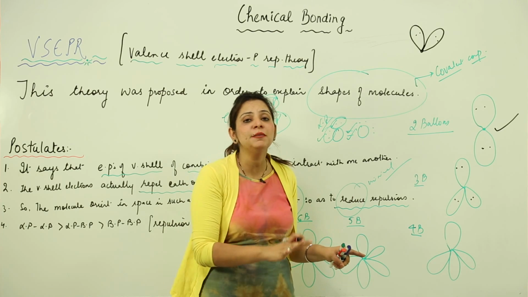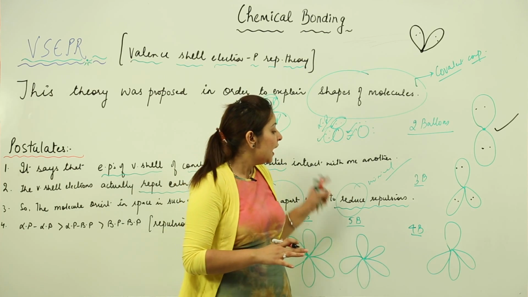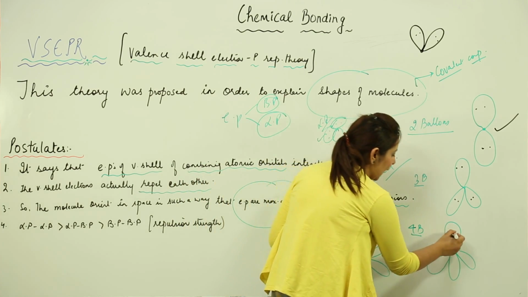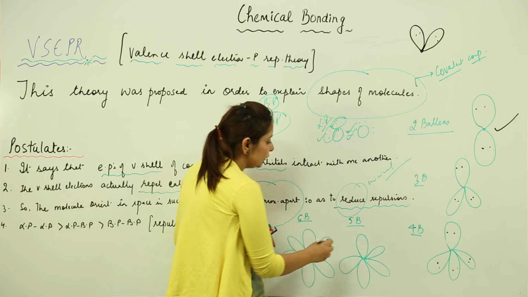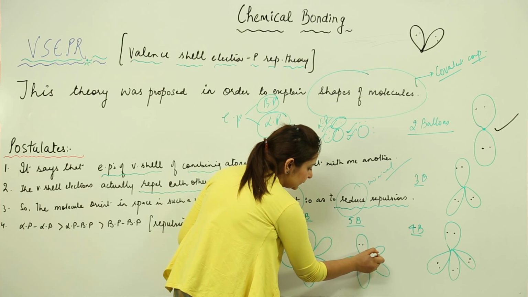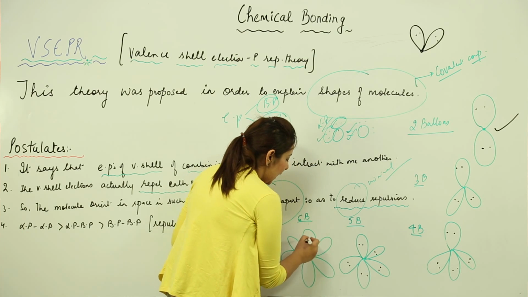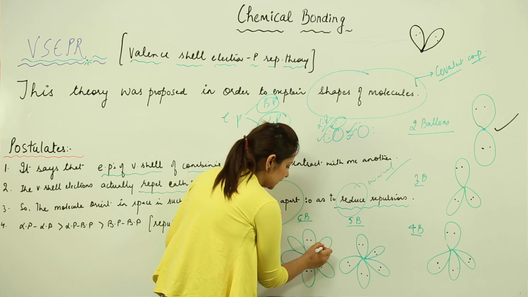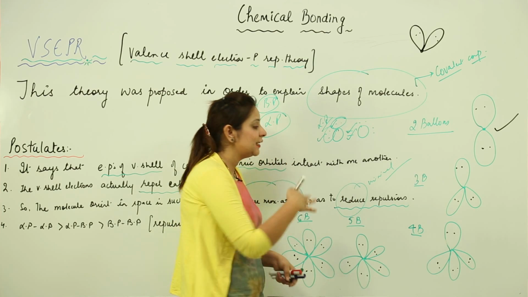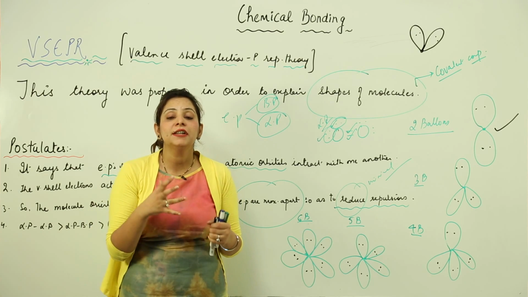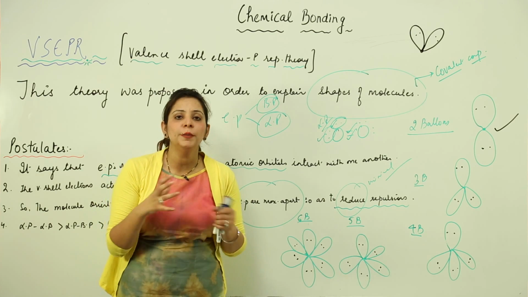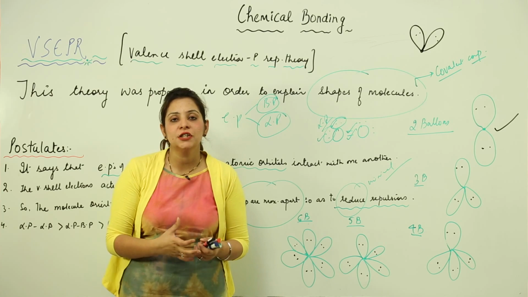This is the maximum distance we can create between them. If they are 4, it is this kind of arrangement. If they are 5, the arrangement is this. If they are 6, the arrangement is this. This is a proper geometry that a molecule will attain if it carries these atomic orbitals, because of the repulsions.